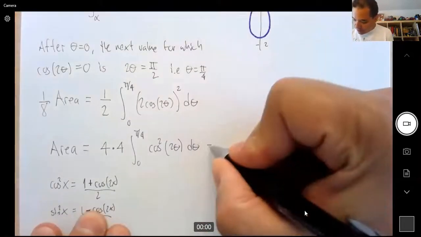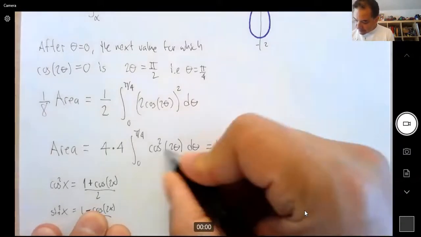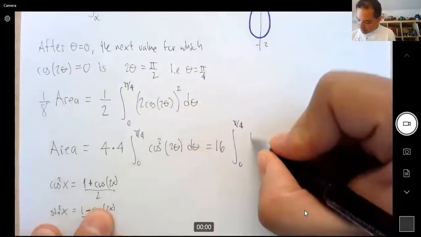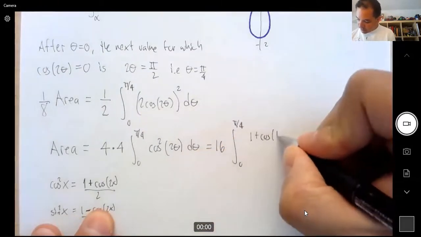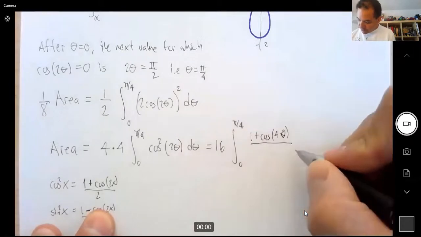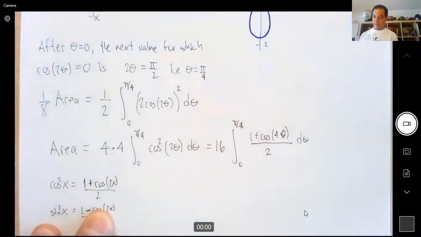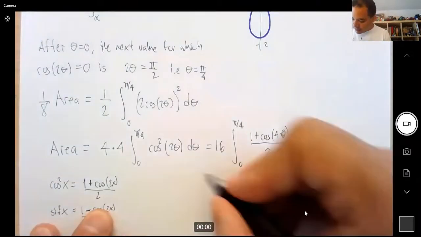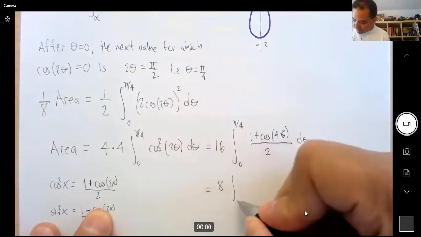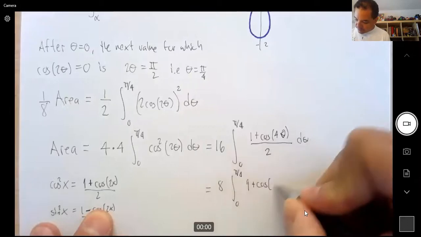So this will become 16 times, and instead of cosine squared of 2 theta, we're going to write 1 plus cosine 4 theta over 2 d theta. And 16 and the 2, that's now an 8, times 1 plus cosine 4 theta.